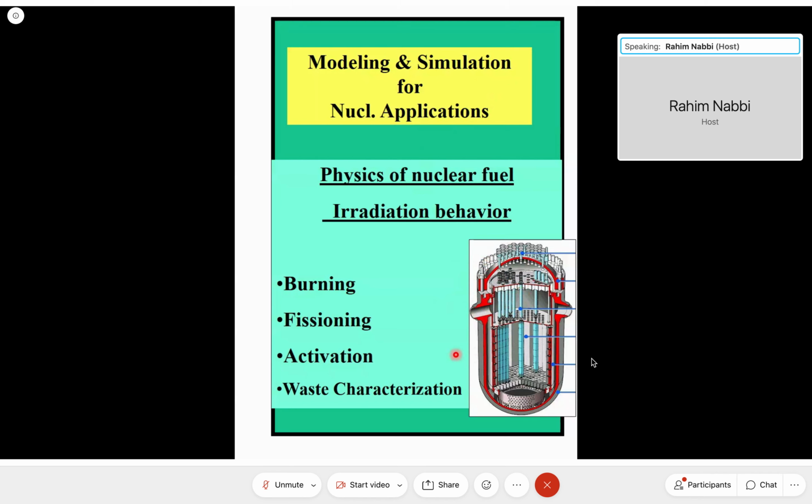Every individual type of activated material needs its own processing and treating. For this reason, we are going to work on this topic.